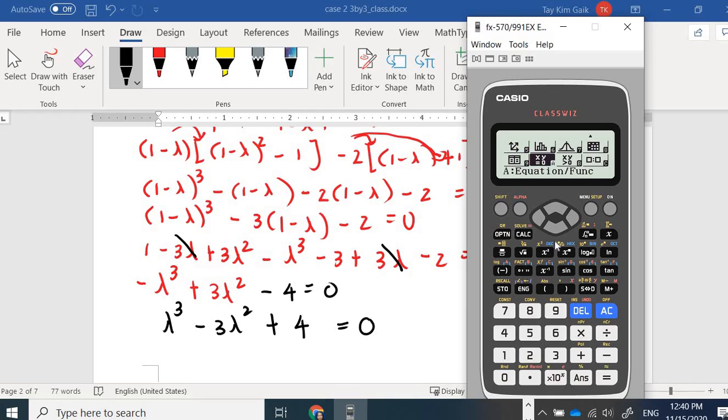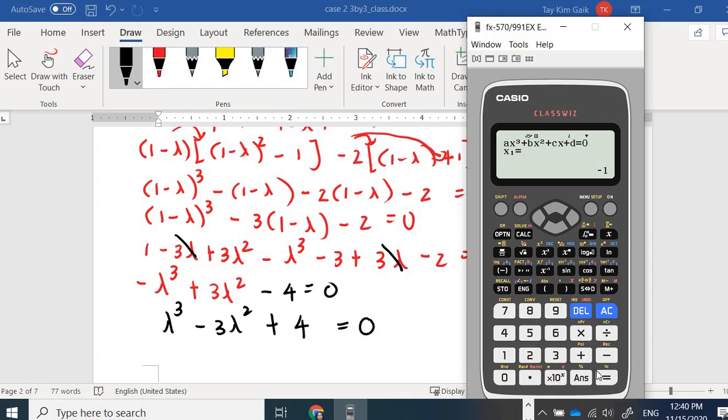So here in the equation mode, you have polynomial of degree 3. Key in the coefficients for a polynomial of degree 3. This is 1, the quadratic term is negative 3, the linear term you don't have so it is 0, the constant term is 4.